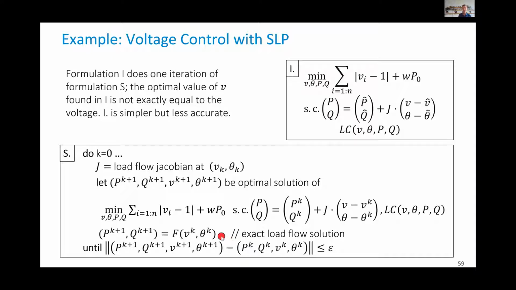Even if it doesn't converge, because in this equation here we force the exactness of the load flow solution, we will find an exact load flow solution. Perhaps not the exact solution to the optimal problem, but certainly an exact load flow solution, which means the voltage that we compute at this operating point is exactly the voltage that will happen. Whereas here, it might not be exactly the case.